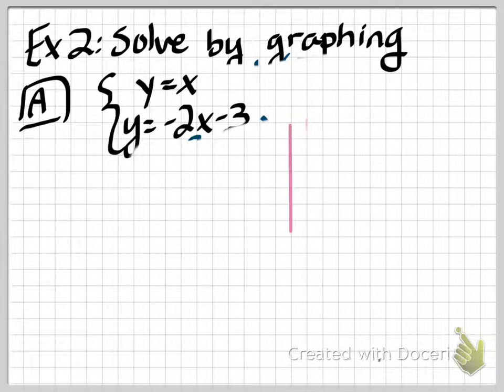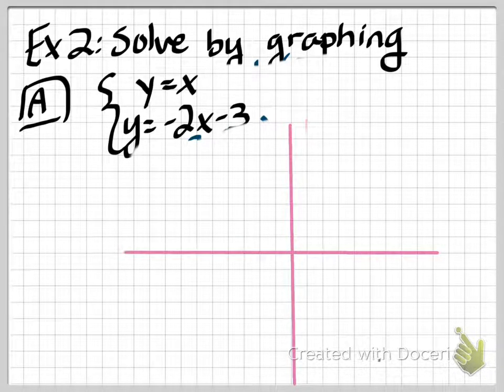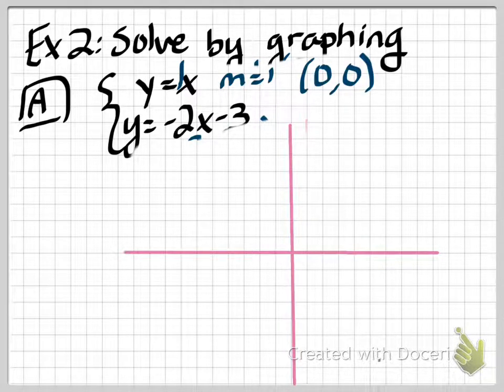And let's get our grid. For my first equation, y equals x, my slope is a 1, because there's a 1 right here. And my y-intercept is 0. It's not even in the equation. So I'm going to start at the origin, 0, 0. And my slope is a 1, so I'm going to go up 1 over 1. Let's change colors.